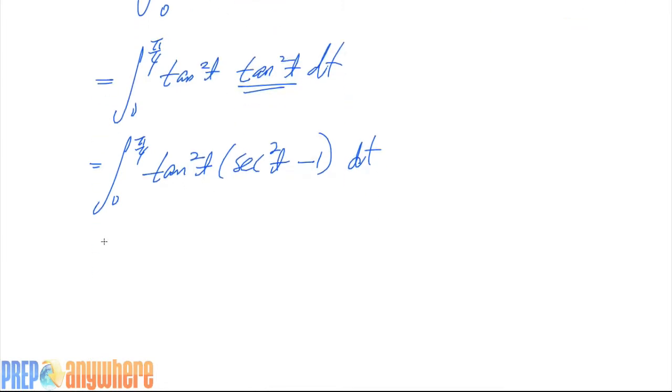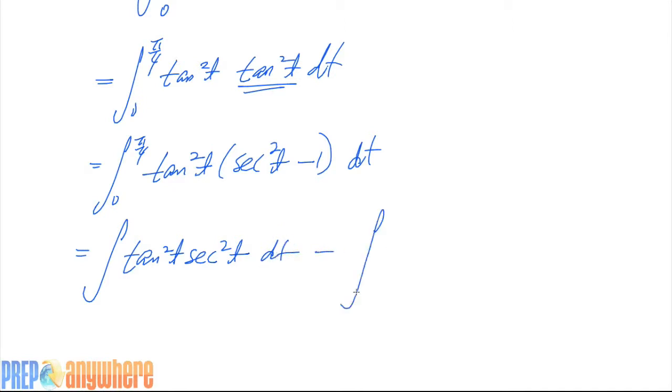Let's expand that inside. So we have tangent squared t secant squared t, and then a minus, so I'm going to separate that, a minus tangent squared t dt.